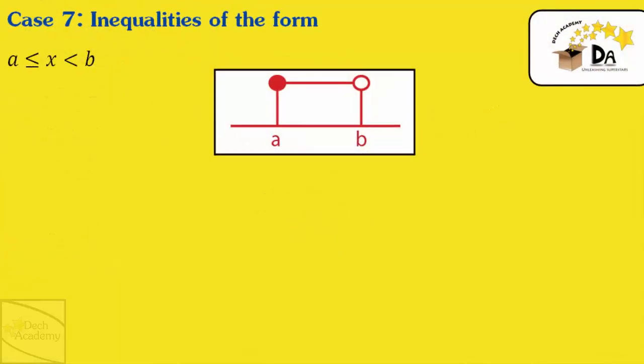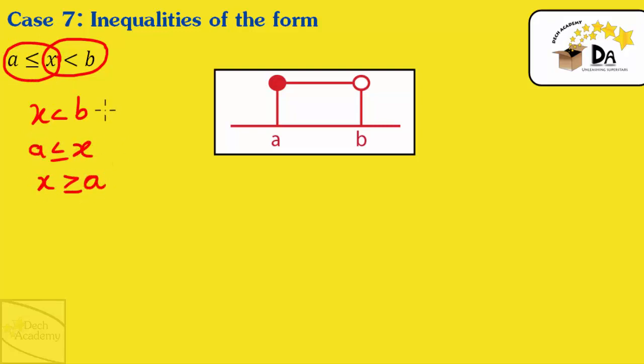Now to case 7. Inequalities of the form a is less than or equal to x, which is less than b, where b is a constant and a is a constant too, and x is a variable. Such an inequality can be broken down into two inequalities. x is less than b, and a is less than or equal to x, which is the same thing as x is greater than or equal to a.